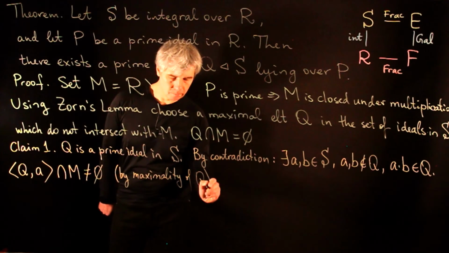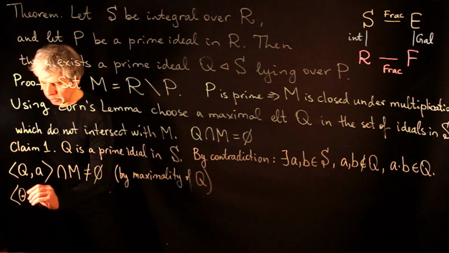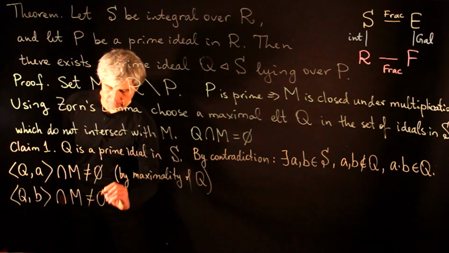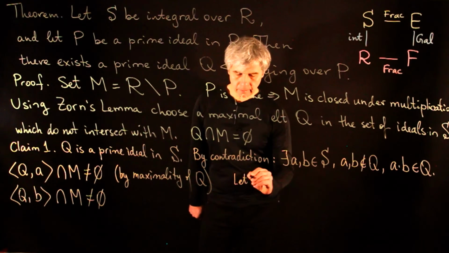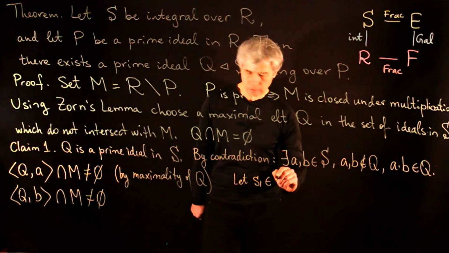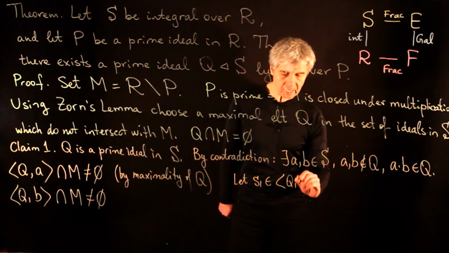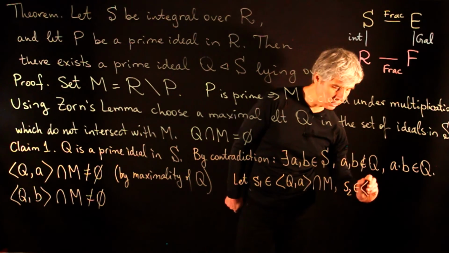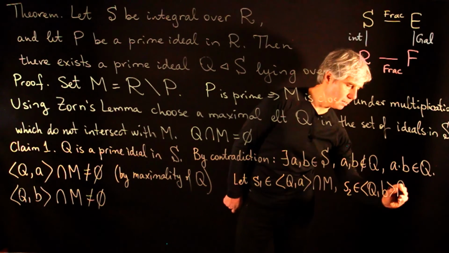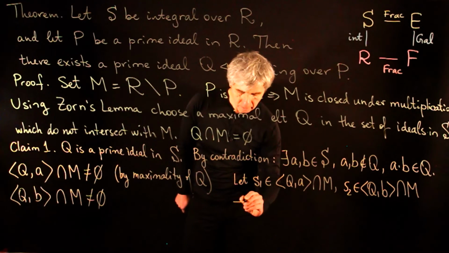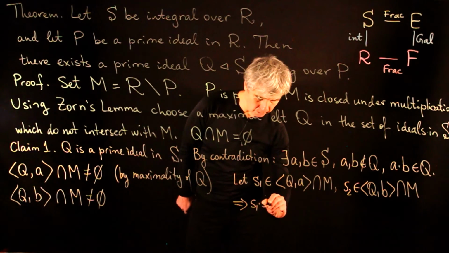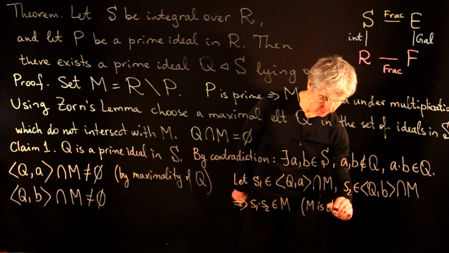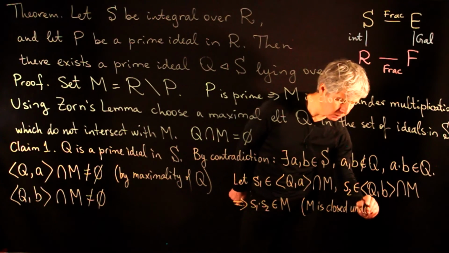Likewise, an ideal generated by Q and B also has a non-trivial intersection with M. Now let S1 be an element of the intersection of the ideal generated by Q and A with M, and S2 be an element of the intersection of the ideal generated by Q and B and the set M. Then the product S1 times S2 belongs to M, since M is closed under multiplication.